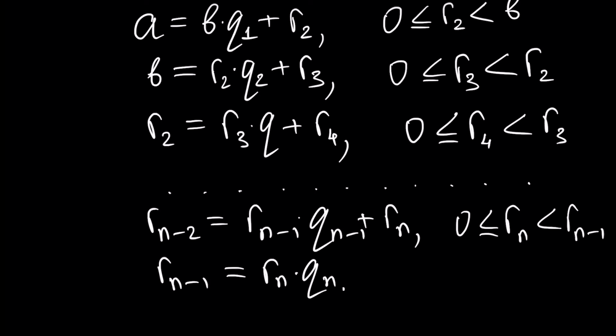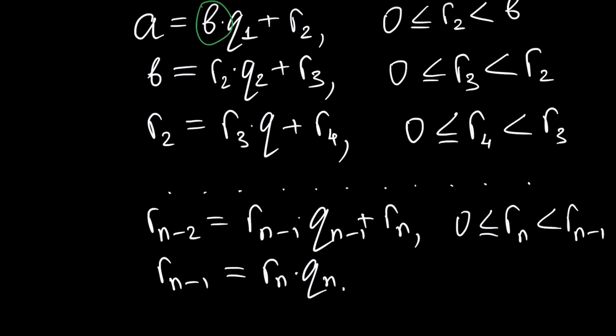Now, using the previous theorem, we know that the set of common divisors of A and B coincides with the set of common divisors of B and R2. And the greatest common divisor of A and B coincides with the greatest common divisor of B and R2. This is from our previous result.